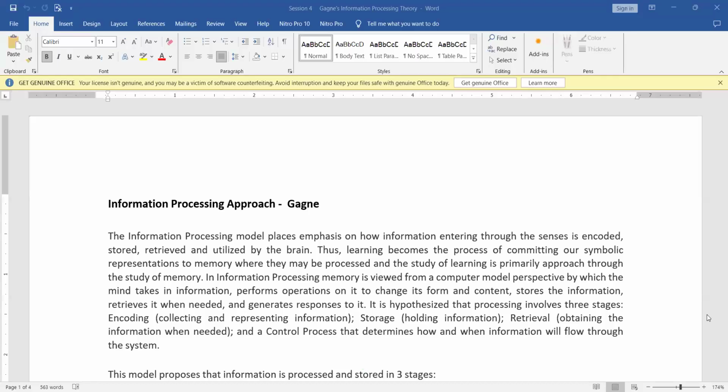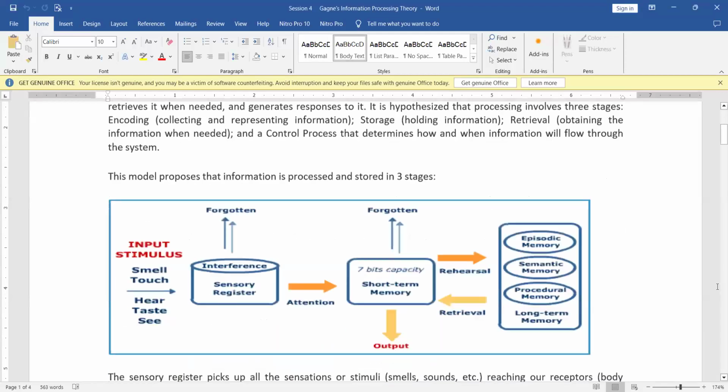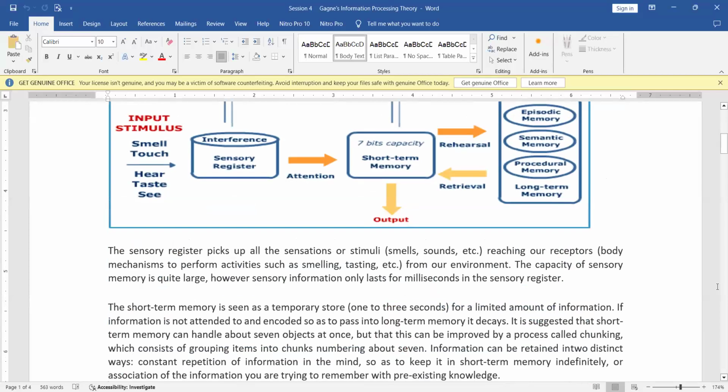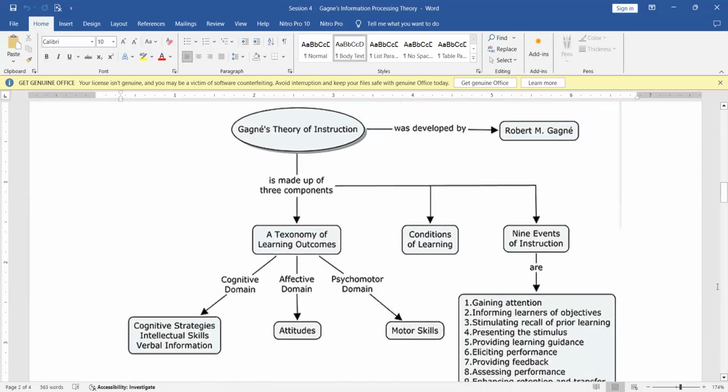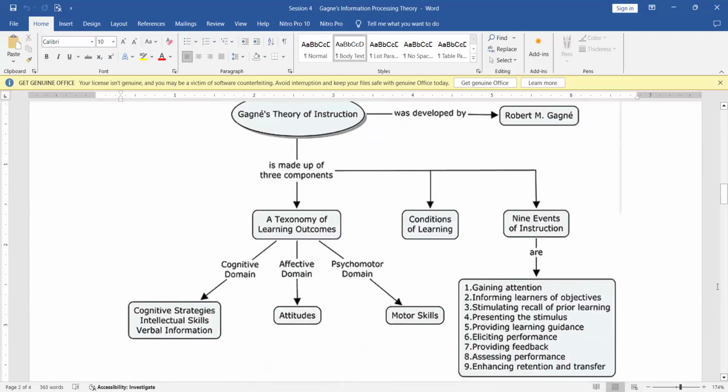So, now look at this. You can see the document I'm sharing. This is, of course, nothing new for you. You know it and we have discussed it already, so we don't have to discuss it again.